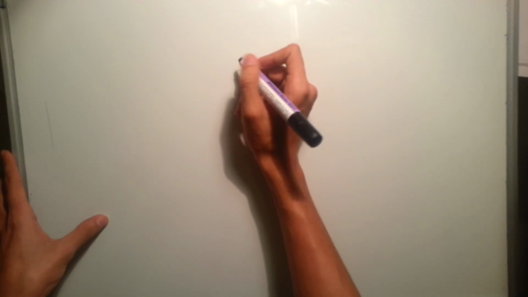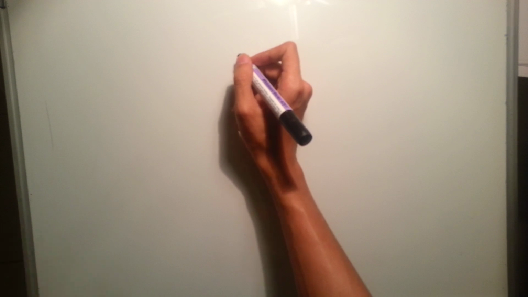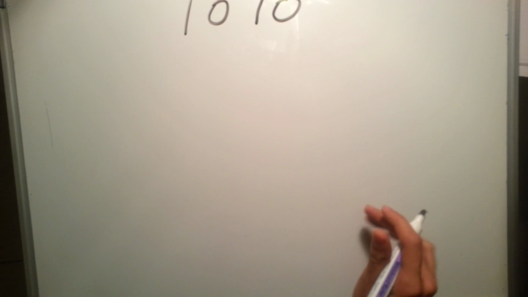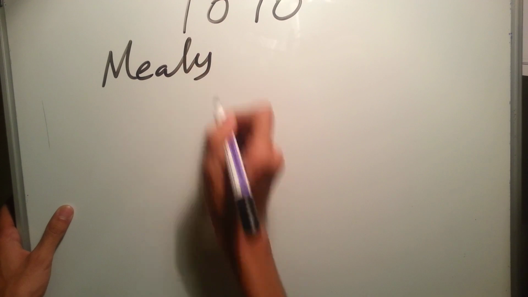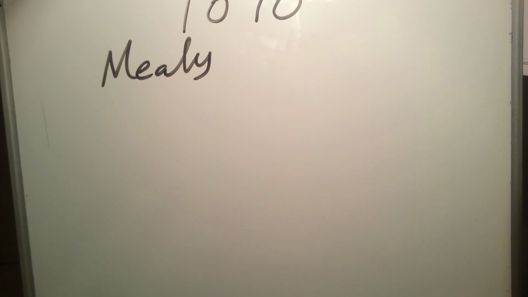Let's say you were asked to design a machine that detects the sequence 1010. If you want to solve it the Mealy way, it might be a bit harder, but it takes fewer states.